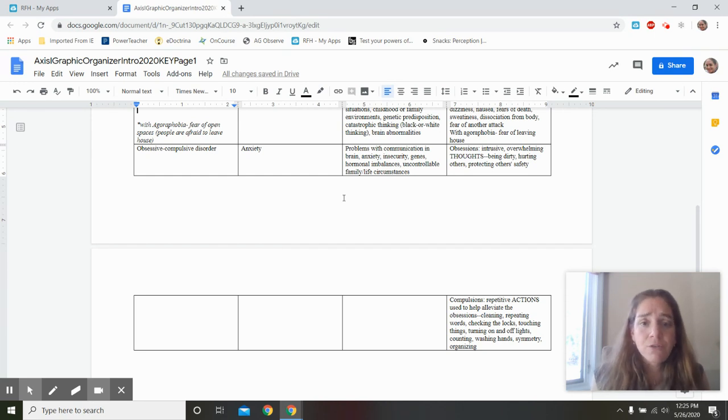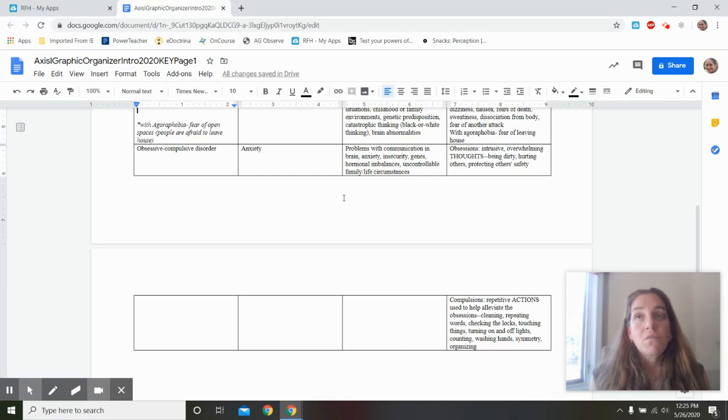Hormonal imbalances, neurotransmitter imbalances, insecurity, family life circumstances, anything that could trigger intrusive thoughts and eventually a necessity to quiet those thoughts. Okay.